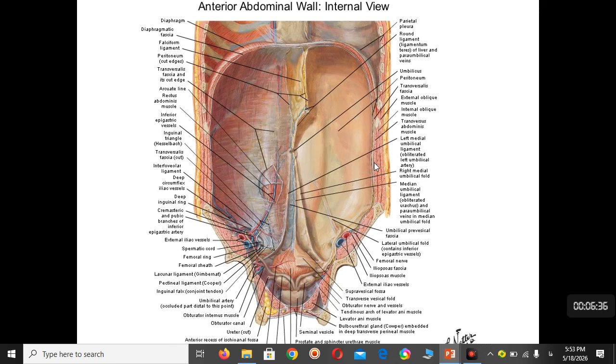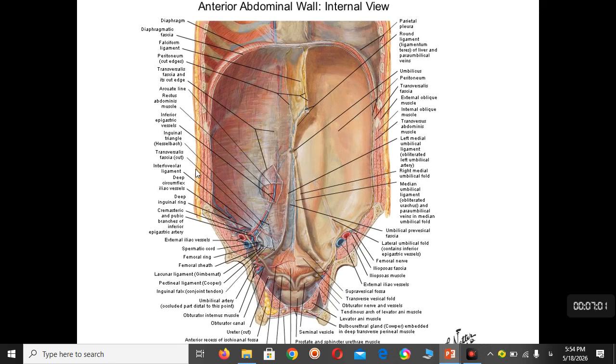From deep, this is the transverse abdominis muscle, and superficial to it this is the internal oblique abdominis muscle, and this is the external oblique abdominis muscle. These are three layers.